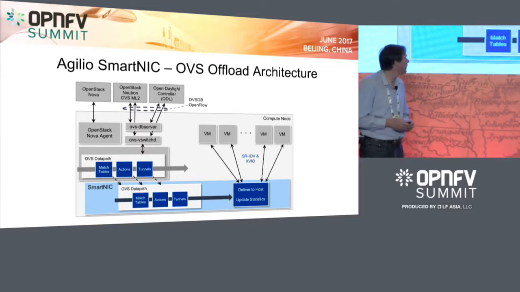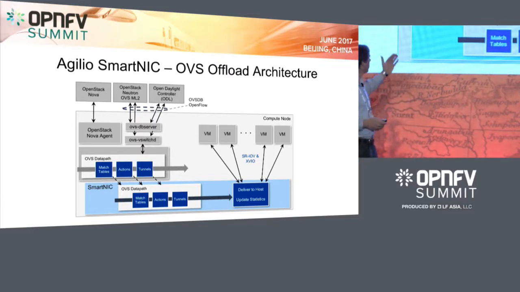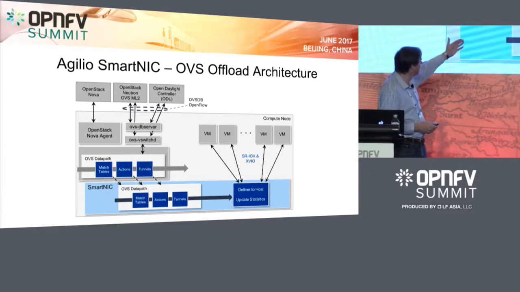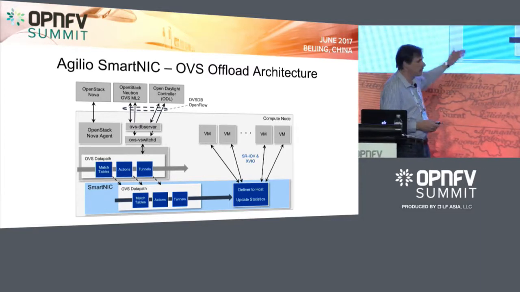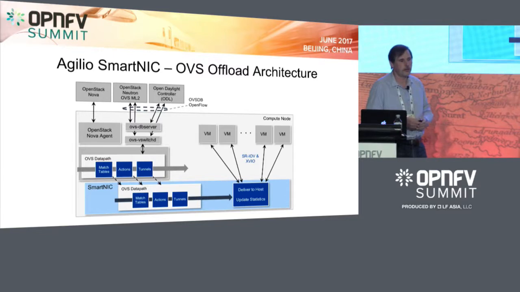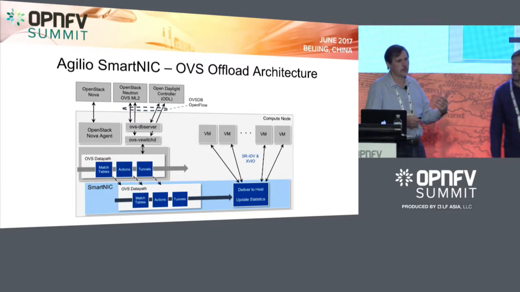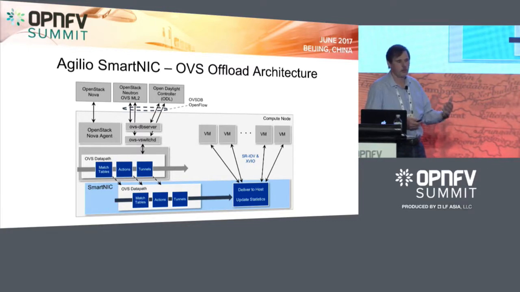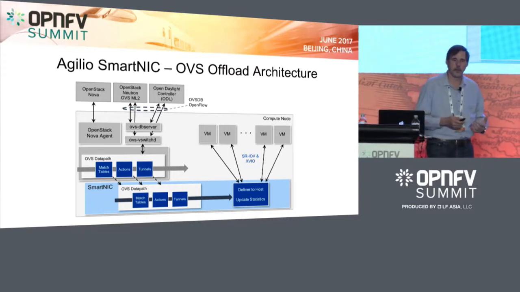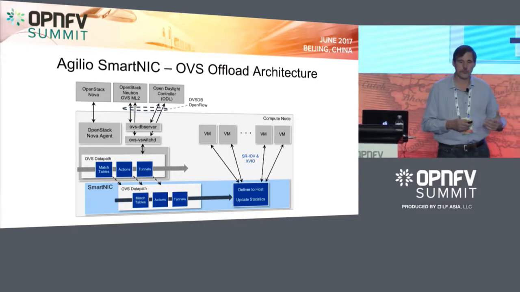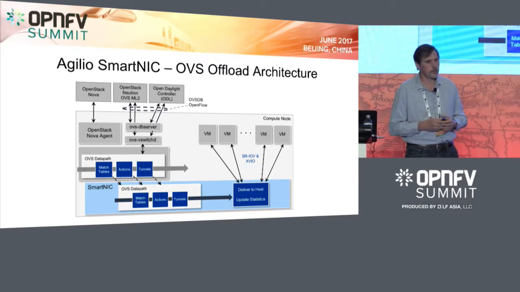So, briefly, what we have here is on the server side, the compute node, you're running a standard implementation of Open vSwitch. What happens is the vSwitch user plane daemon will build the tables for the data plane, so match and action tables for the kernel data path in this particular instance.